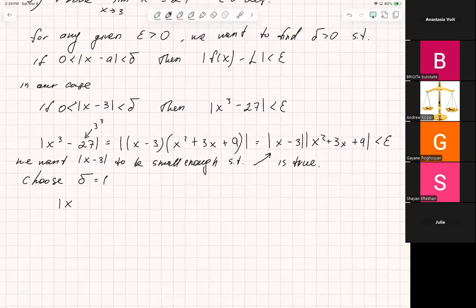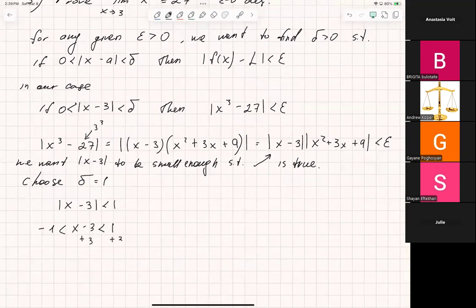Then we have absolute value of x minus 3 less than 1. Now we lift the absolute value. So we have x minus 3 is greater than negative 1, but smaller than 1, right? So now we add 3 to all three sides. We have here 2, x, and here we have 4, right?